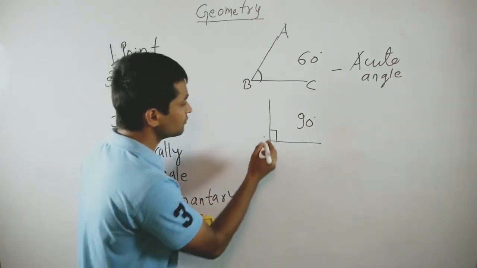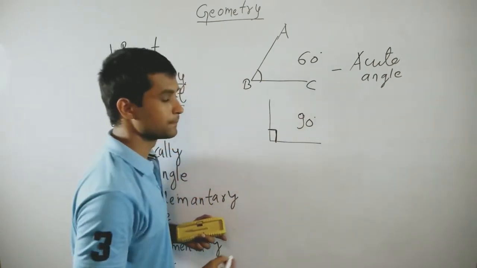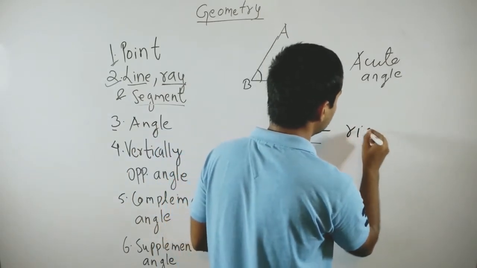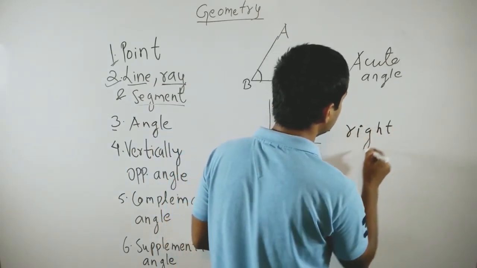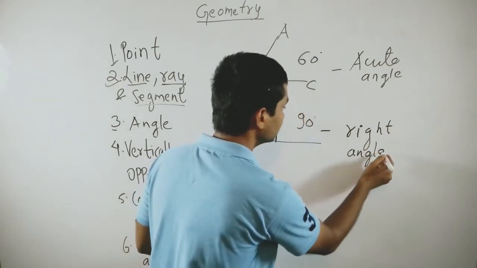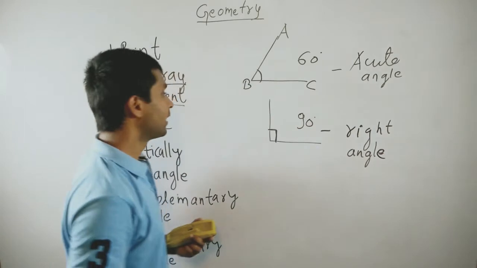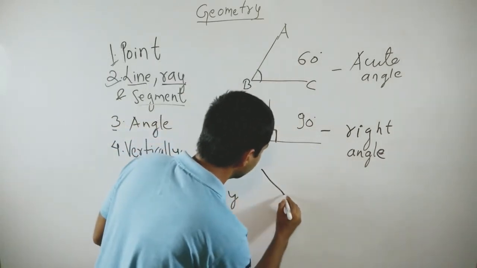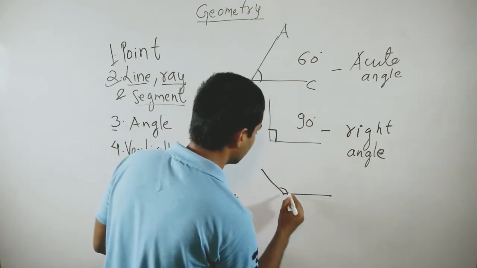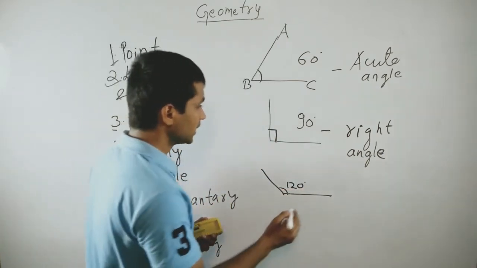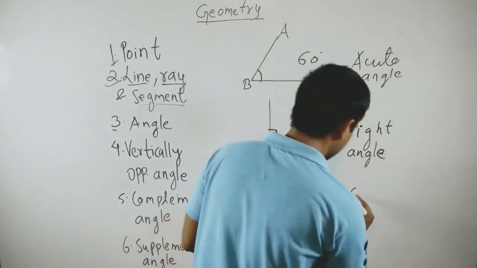Please note that I have used this symbol to represent 90 degrees. This is called a right angle. And an angle greater than 90 degrees, if this is 120 degrees, this is called an obtuse angle.